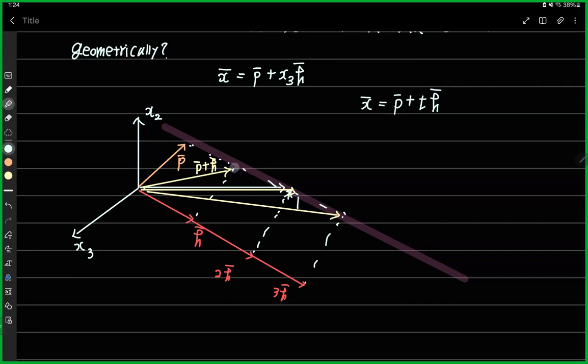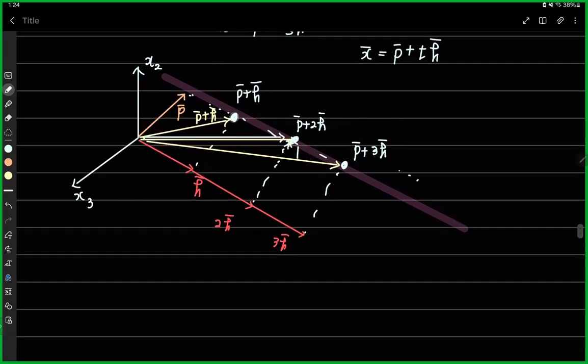This point is the end point of p plus h, this is the end point of p plus 2h, this is p plus 3h, and so on. That's the particular solution. This is the solution corresponding to the homogeneous system. And this is the geometrical expression of the solution set of a non-homogeneous system.